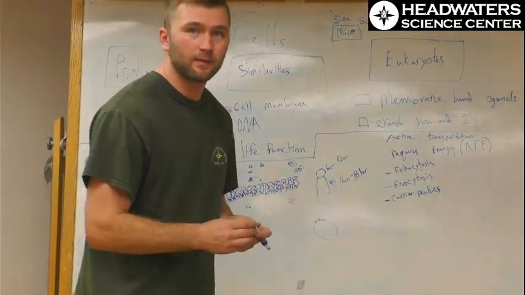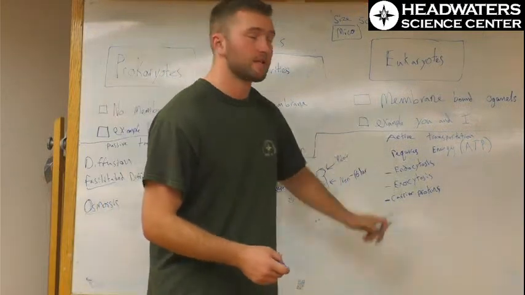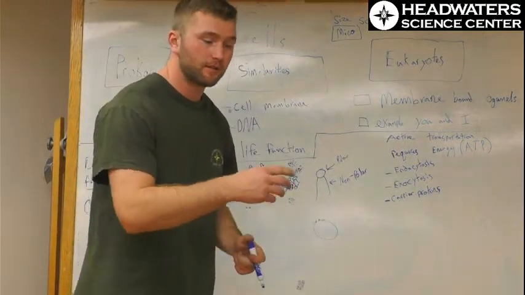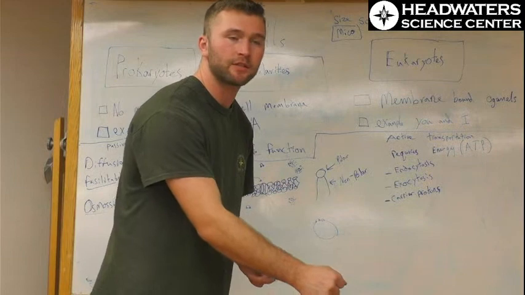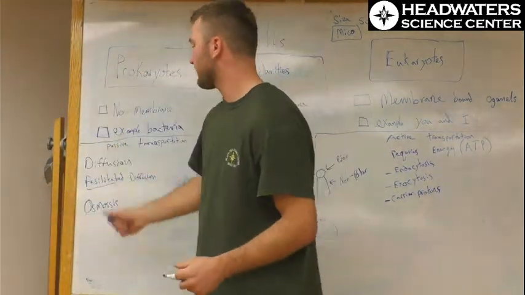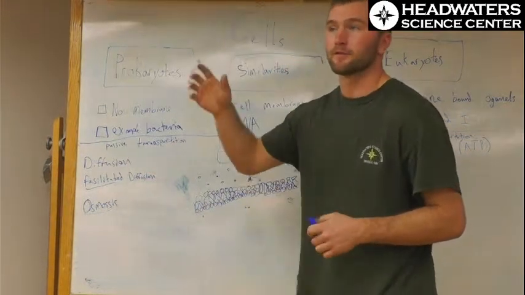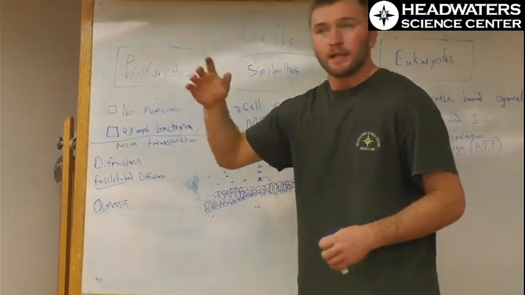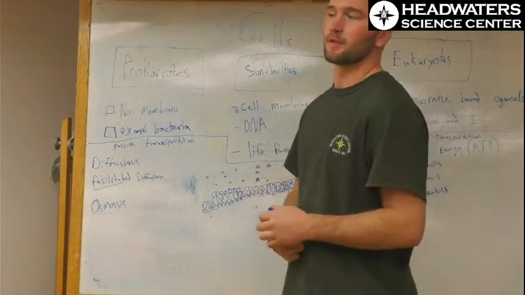So active transportation is taking a molecule that's in a low concentration and forcing it into a high concentration. Passive transportation is taking a molecule from high concentration and allowing it to go to a low concentration.